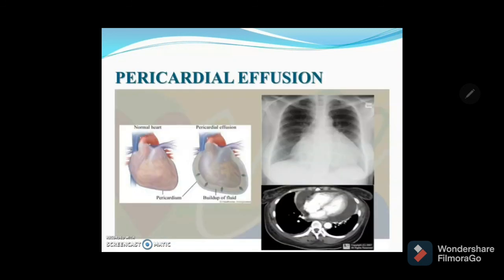And coming to pericardial effusion, just like pleural effusion, it is the accumulation of fluid in the pericardial cavity, where the person will come with difficulty in breathing and low pulse, and you can see here the cardiac shadow is enlarged and it is more than half of the costophrenic angle.